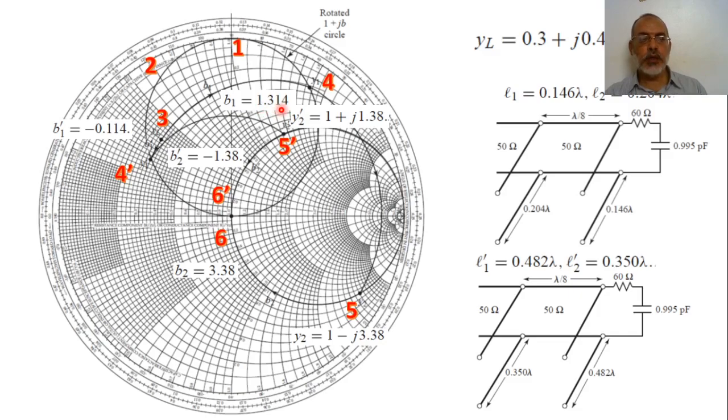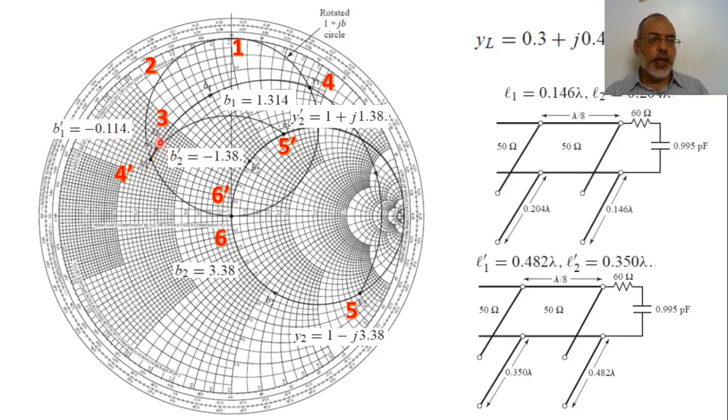In a similar way, if we are interested in the second solution, which has a negative B1 dash, we should subtract from the 0.4 a value such that the admittance would have this new reactive part, or this new susceptance of Y1 dash.